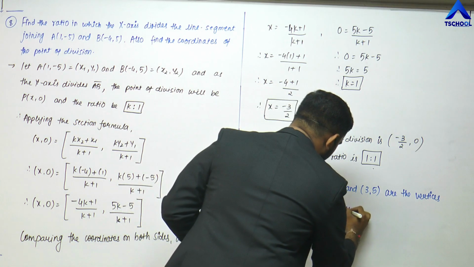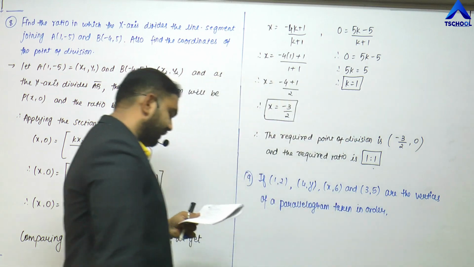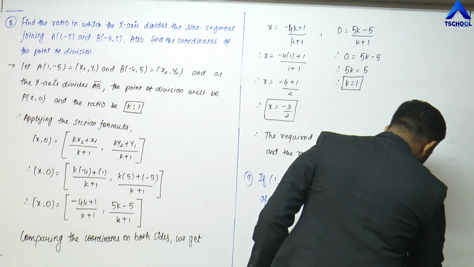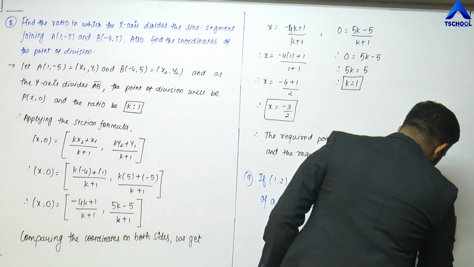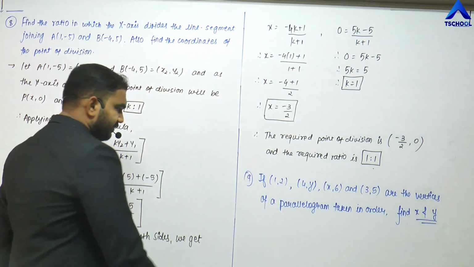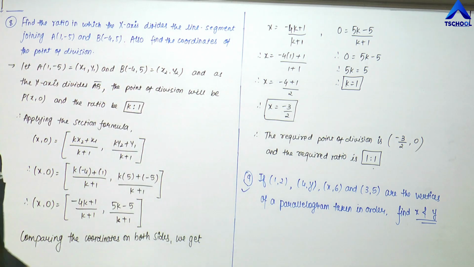taken in order, then find x and y. We need to find out the x and y. This is same as that of the question we solved previously as of finding the value of p.